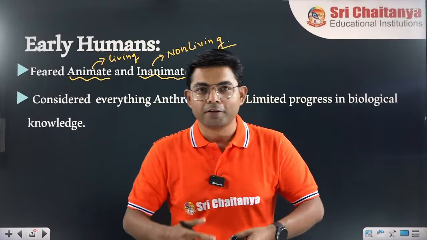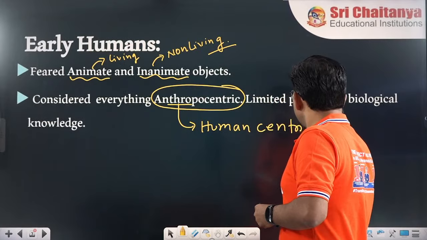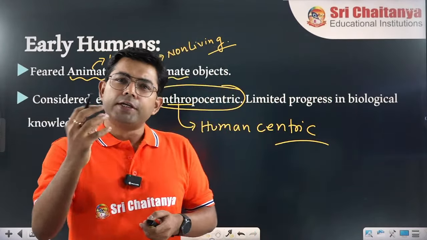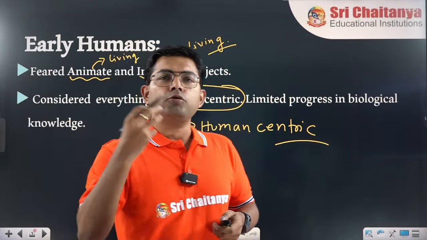Anthropocentric means human-centric. If the study revolves around humans, we cannot study the entire biological world. So gradually humans broadened the spectrum and started learning about living organisms in different dimensions.